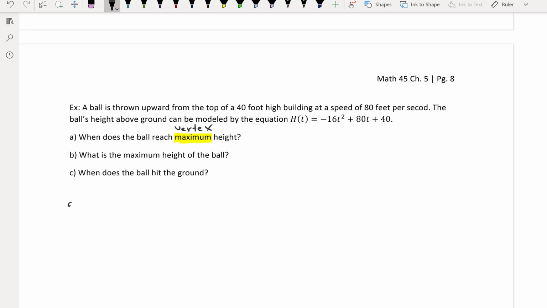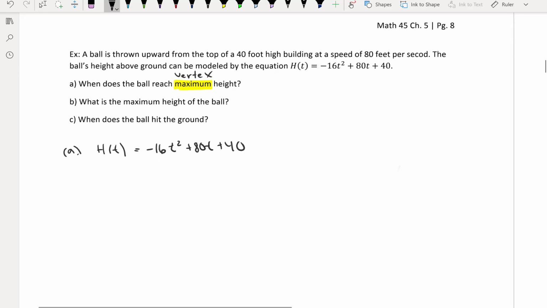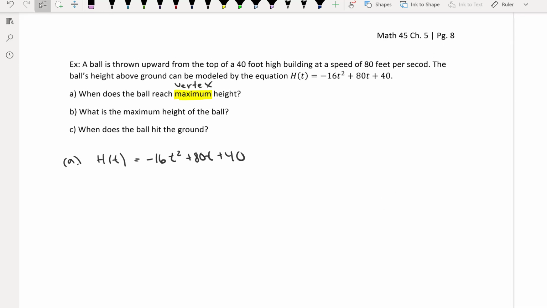So, okay, so for part A, my equation that I have is h of t is equal to negative 16t squared plus 80t plus 40. And I want to find the vertex. So I know that my a is negative 16, b is equal to 80, and c is equal to 40.